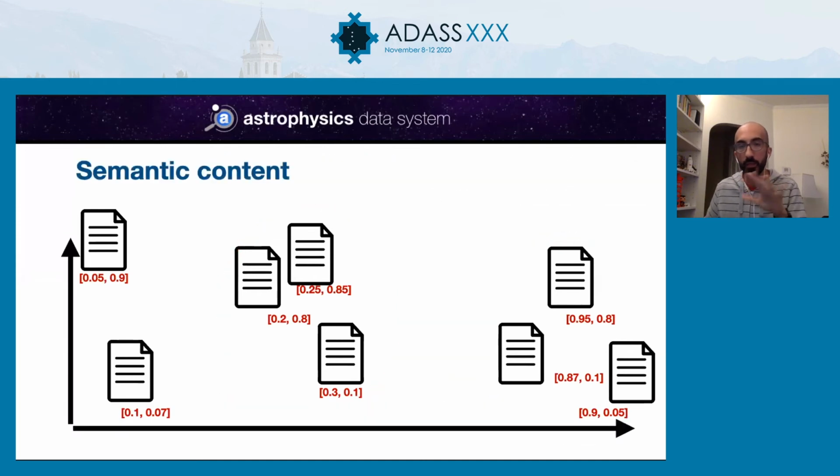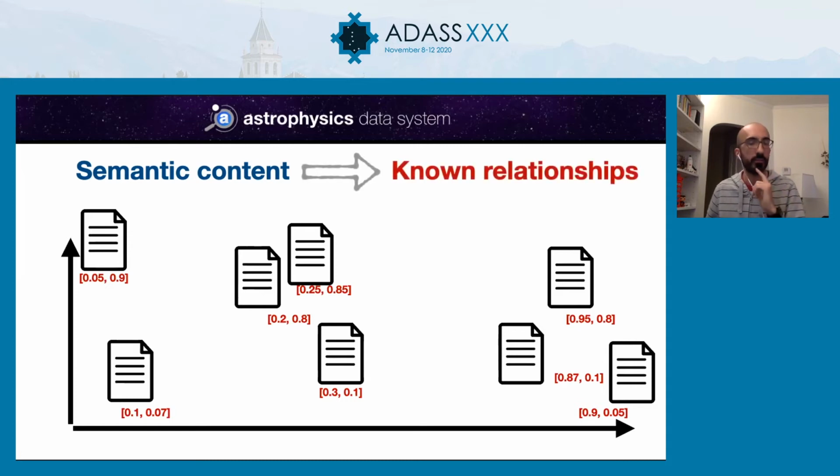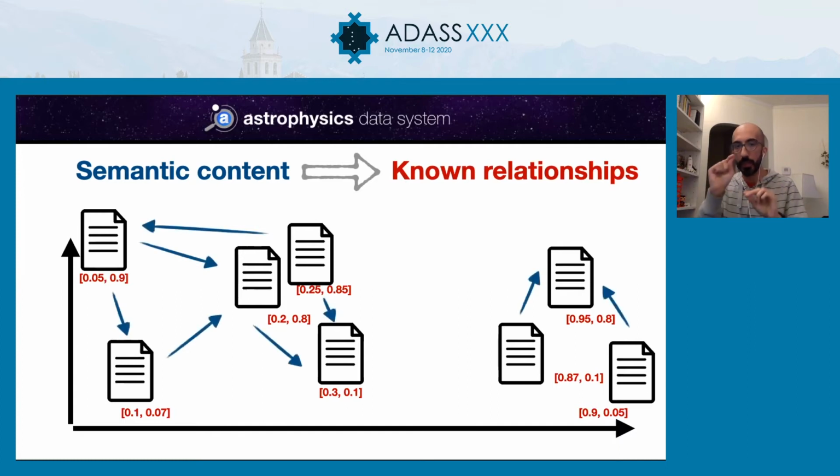So all this is pretty nice, and we've been basing all these experiments on the semantics. But actually, ADS has more than that, because in ADS we also have known relationships, as you all know. We know that there are papers that cite other papers, and we have all these relationships already detected in our database.